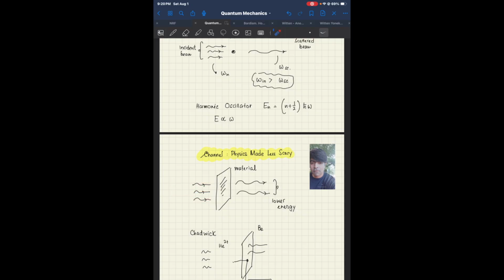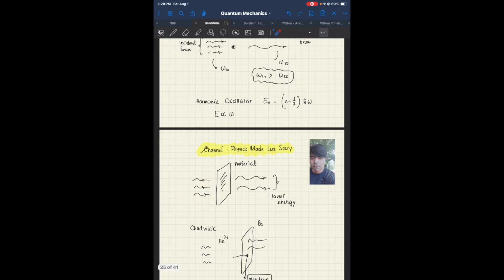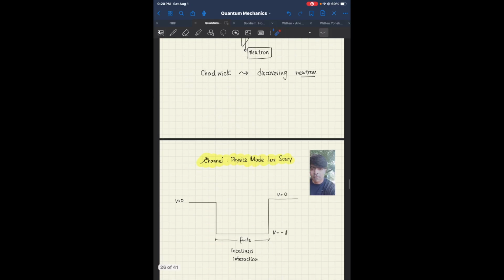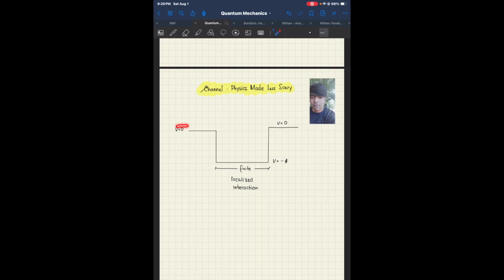Here the particle, here the wave, etc., are not acted on by any force. Neither is it here, right? And there is something that happens in the middle. So this is the same model that I drew here. The waves were not acted on by any force here, neither here, but there was something in the middle which was localized, which was of finite length.